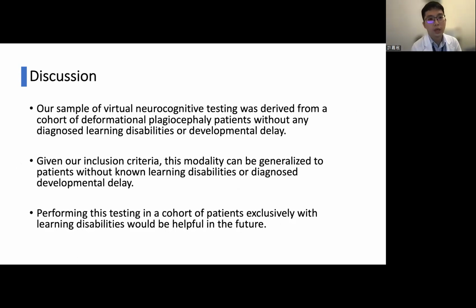Given this inclusion criteria, this modality can be generalized to patients without learning disabilities or diagnosed developmental delay. Performing this test in a cohort of patients exclusively with learning disabilities would be helpful in the future.